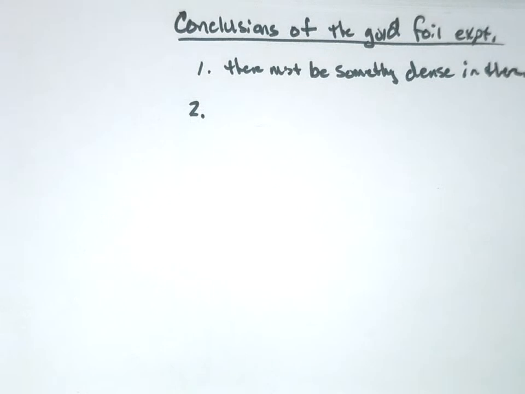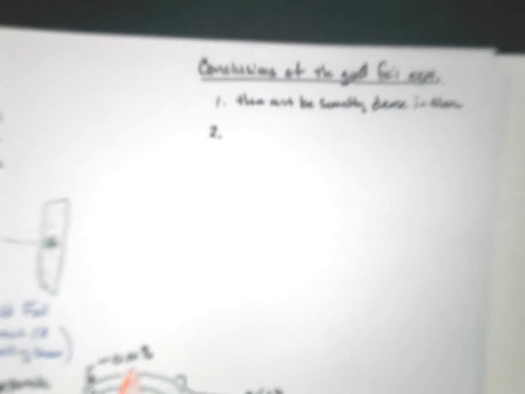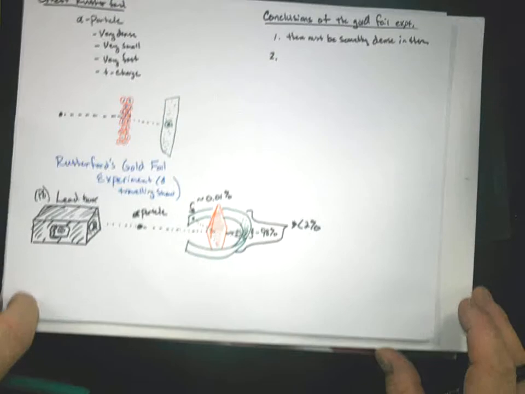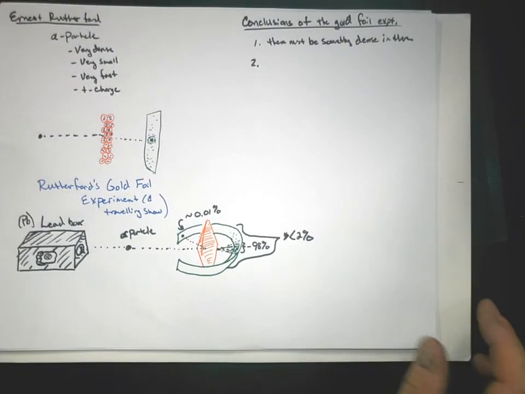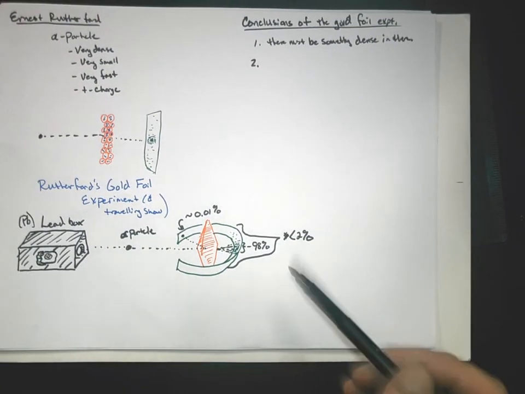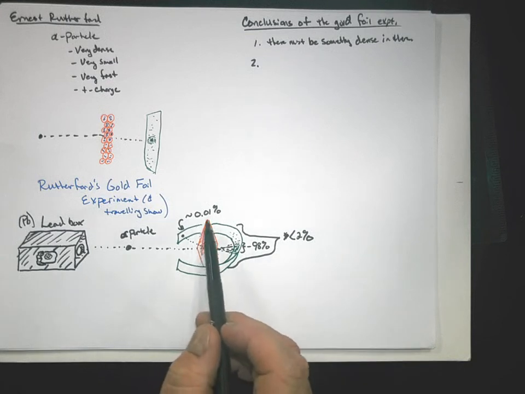Not only must there be something dense in there, in fact, we can get the whole page here. What does this tell you?